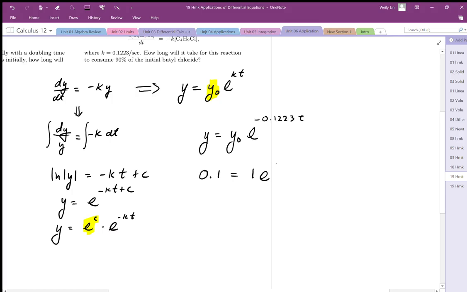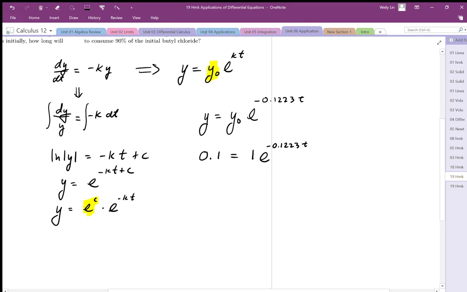So then this becomes 0.1 equals e to the negative 0.1223t, and then I can solve this equation for t.